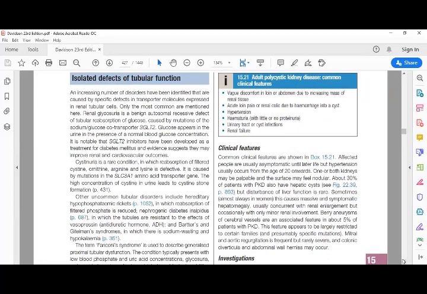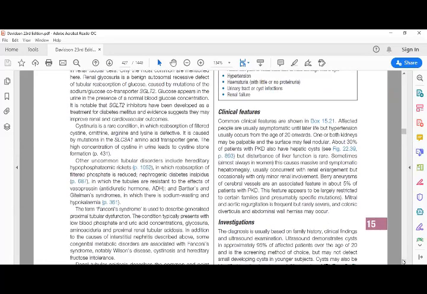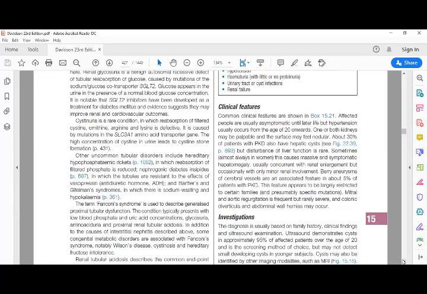The complications of this disease: berry aneurysm of cerebral vessels are associated features in about 5% of patients with polycystic kidney disease.